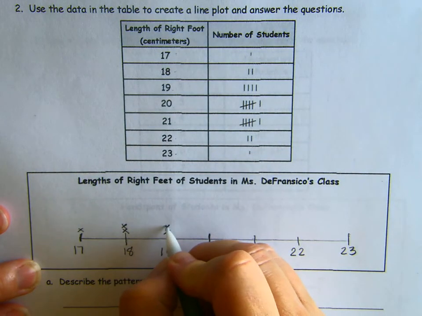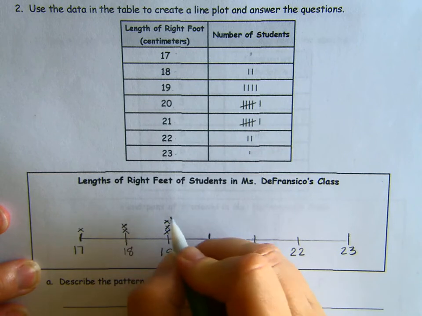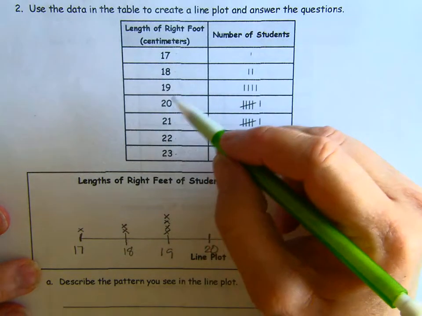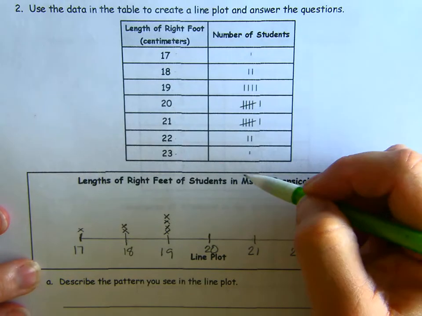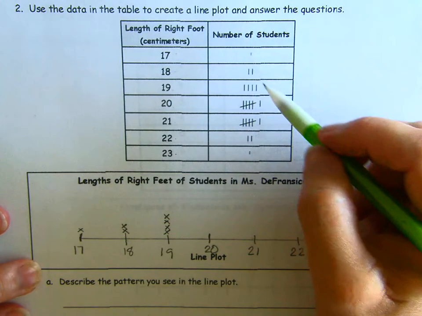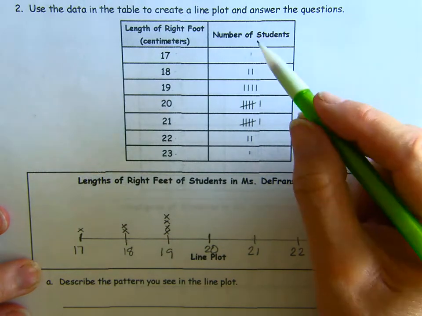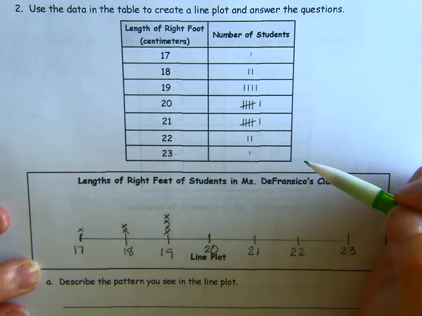1, 2, 3, 4. And then, do you see it getting bigger and then coming back down? There's more of a peak or a triangle kind of in this than there was in the handspans.